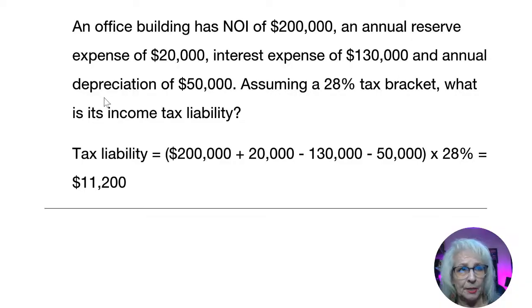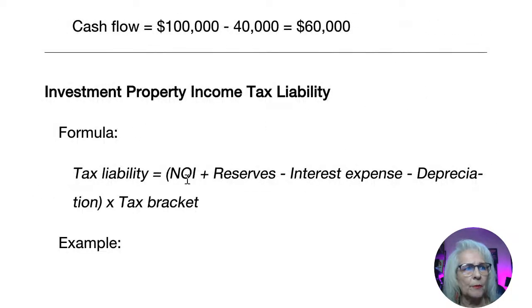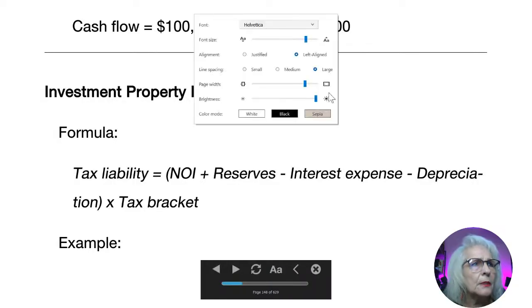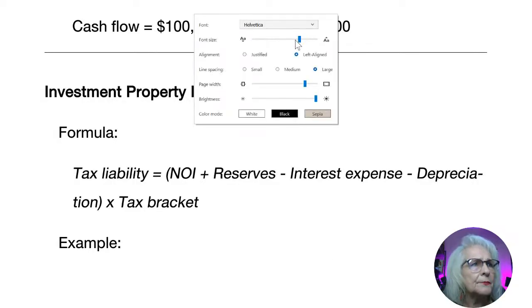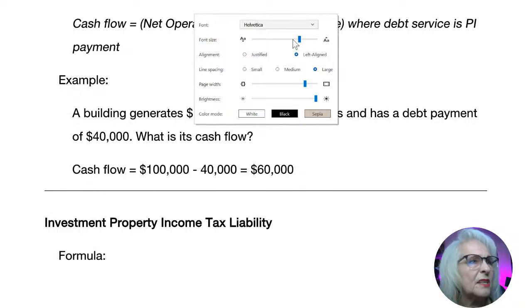Assuming a 28% tax bracket, what is its income tax liability? Okay, so going to the formula, net operating income. Let me reduce this, see if I can get it all on one page.